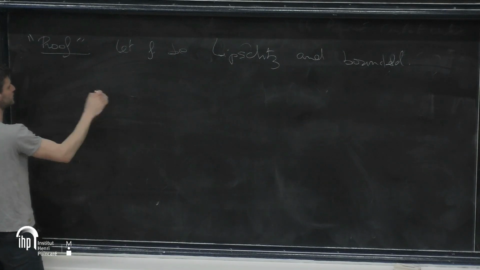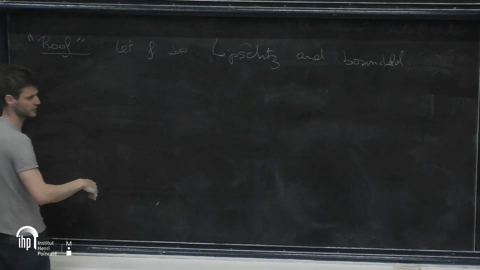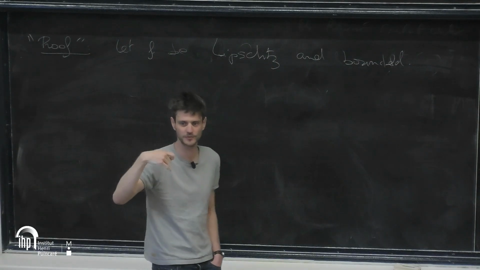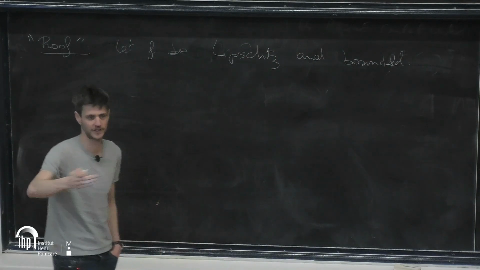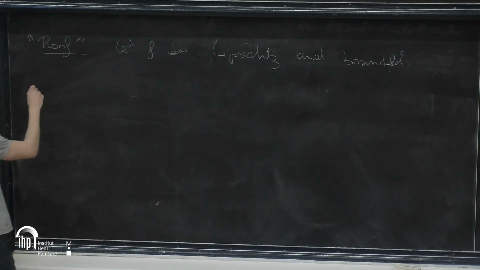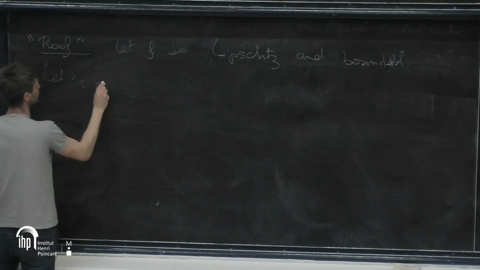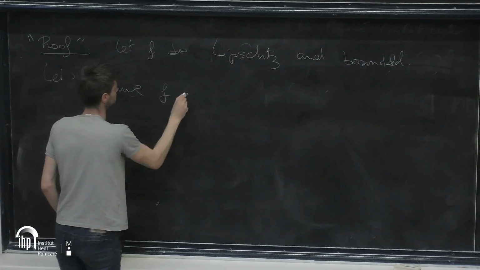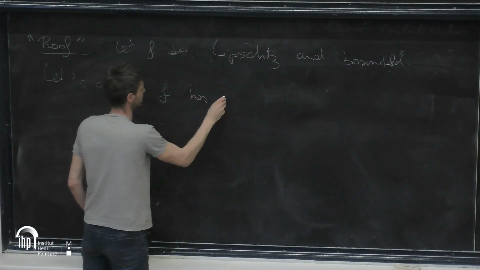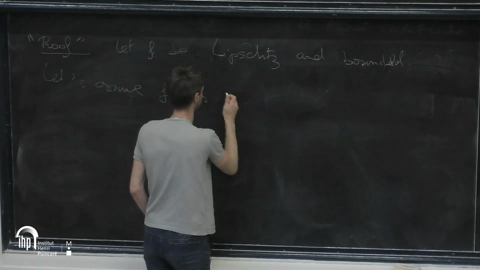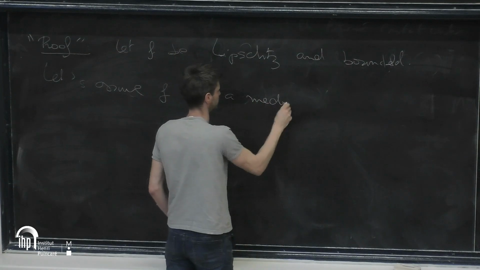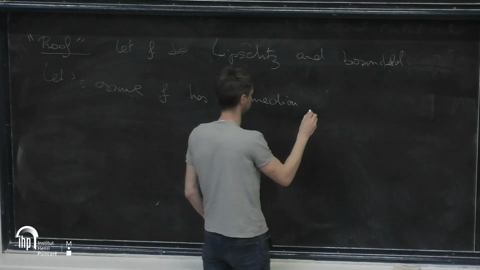I'm assuming Cheeger and I want Poincaré. I can always translate f, so let's assume f has a median at 0, or that 0 is a median for f.